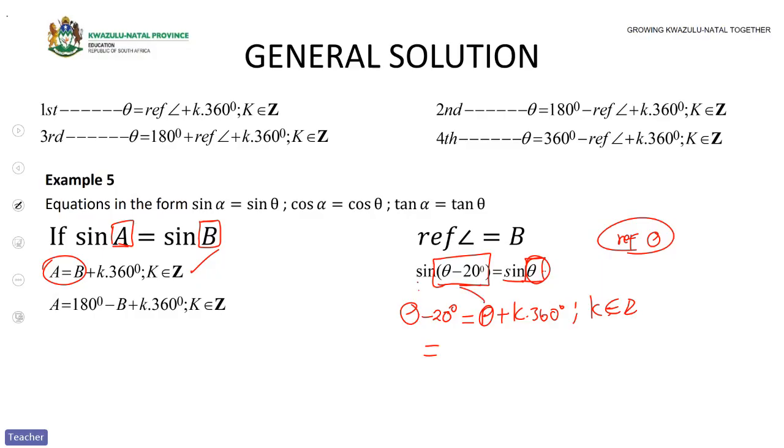So when you move this theta to the other side, it's going to be theta minus theta, which is 0, equals, you transpose 20, it's going to be positive 20 plus k times 360, where k is an element of all integers.